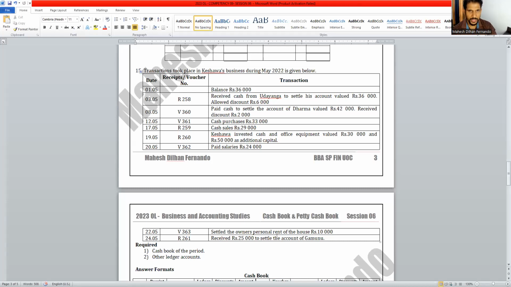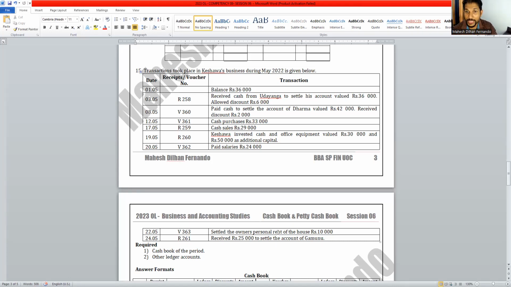Keshava invested cash and office equipment valued 30,000 and 50,000 as additional capital. Keshava has invested cash 30,000 and additional capital 50,000. My question is, in the cash book, how much do we have to record?